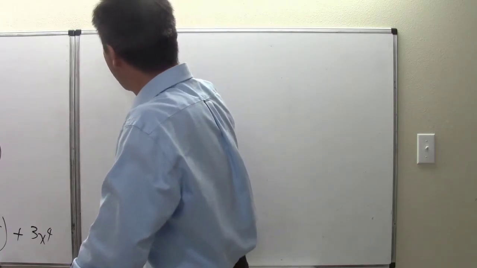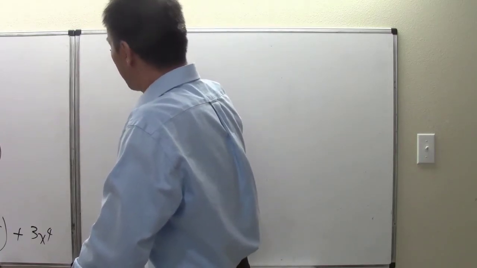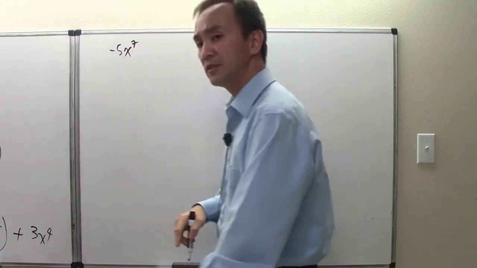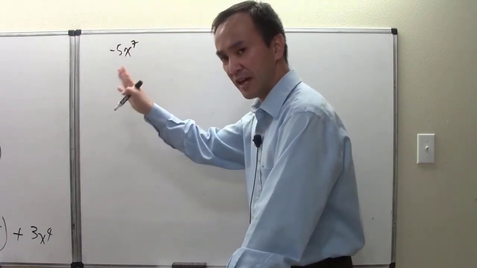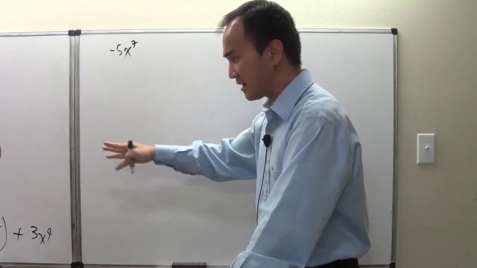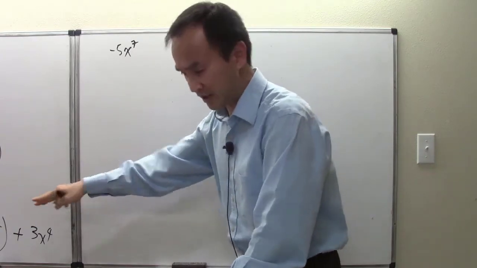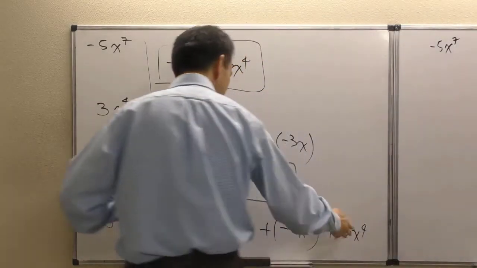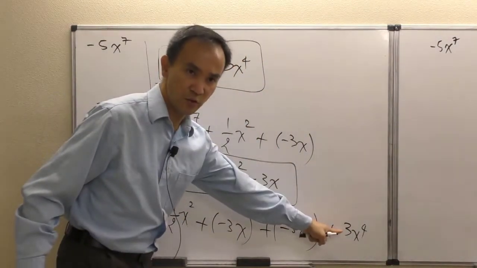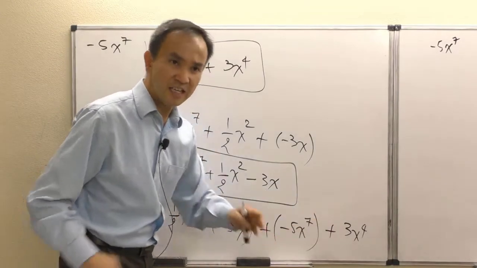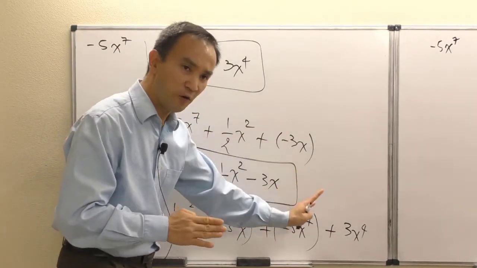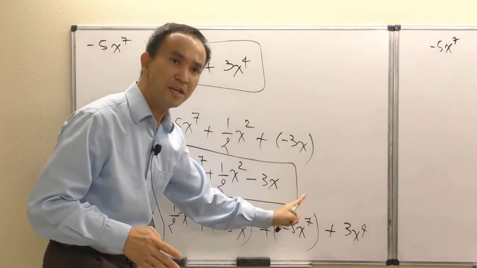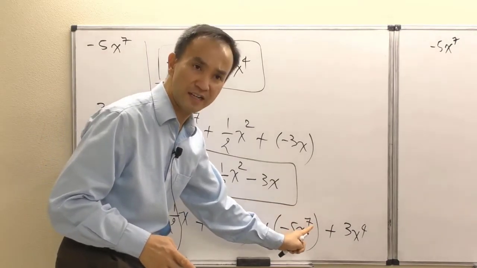I'm going to put the highest power first. So the minus 5x to the 7 comes first, and then the next highest one in these four that I've added is this one right here. So I'm going to put that second, even though power 4 is not necessarily the immediate consecutive power right below 7.